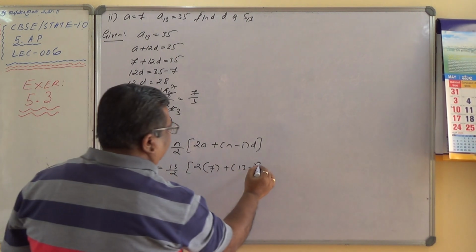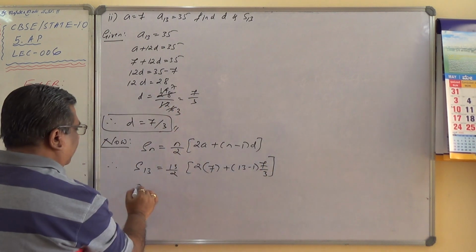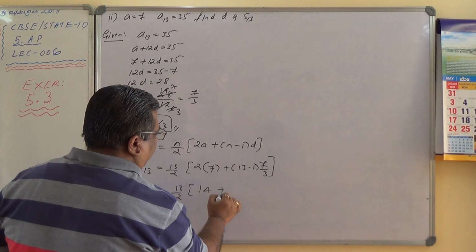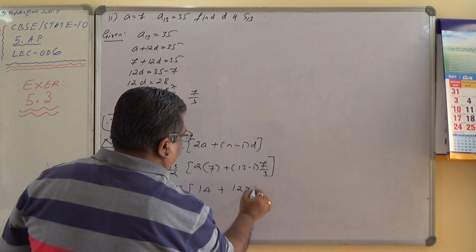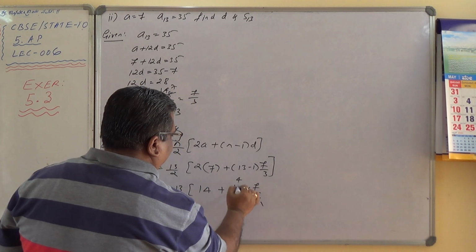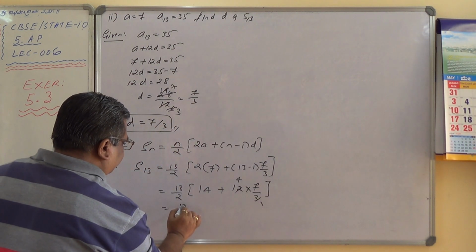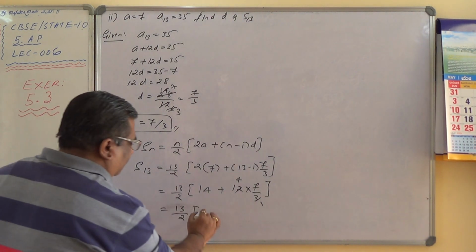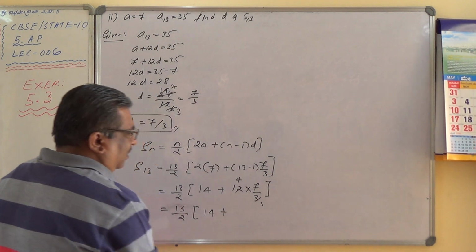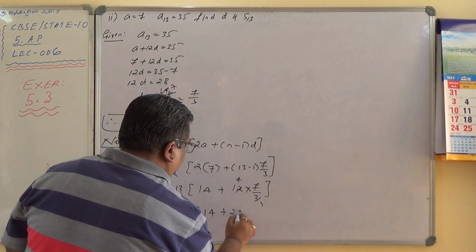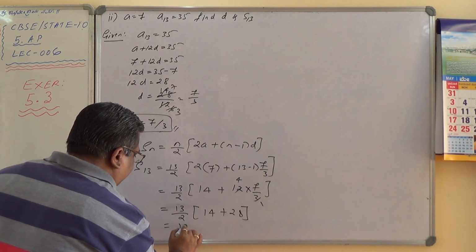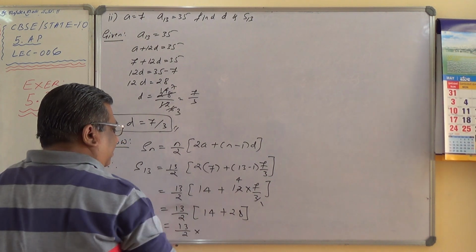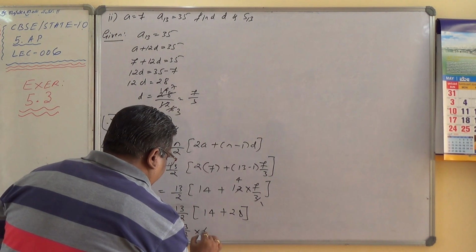D is 7 by 3. 14 here plus 13 minus 1, 12 into 7 by 3. 3 ones are 3, 4 fours are 28, which equals 13 by 2 into bracket 14 plus 28, which is 42.